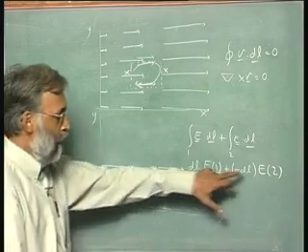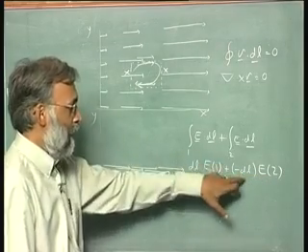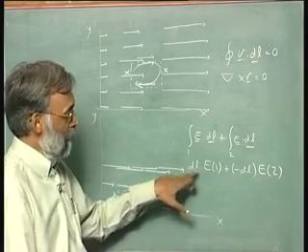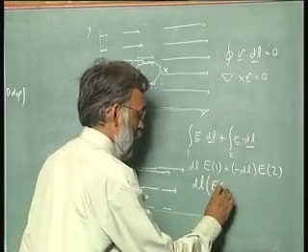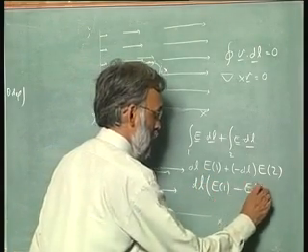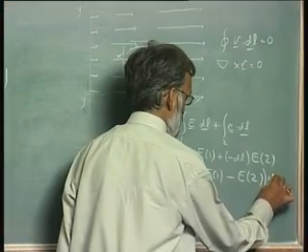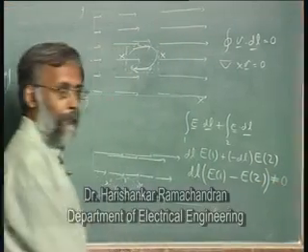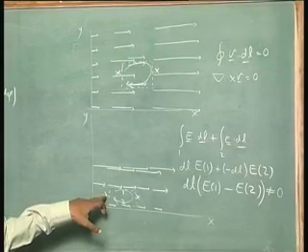So, these two are not equal, this is bigger than this. So, even though they are tending to cancel, the cancellation will not happen. You will get dl times E of 1 minus E of 2, and it is not equal to 0. This is a case where you have curl.